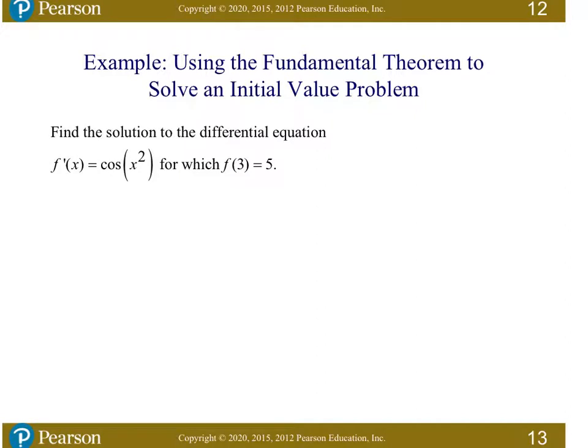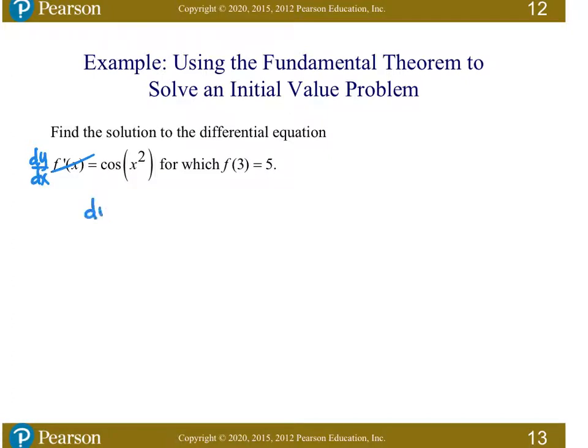We use the fundamental theorem also to solve our initial value question. Okay, if we integrate both sides, so it's already separated. Actually, it'd be better if we rewrote f prime as dy dx so that we could do the separation.